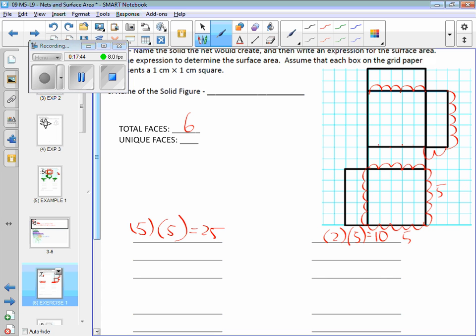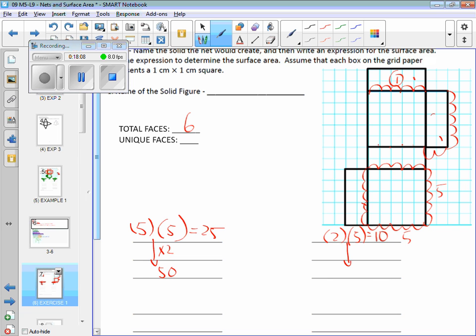Okay? So it's unique face times how many times it repeats. 25 times 2, right? Times 2 makes 50. And the 2 by 5s repeat how many times? 4 times. 1, 2, 3, 4.